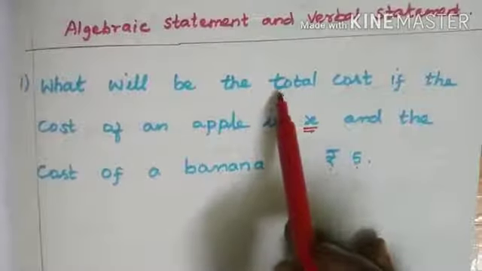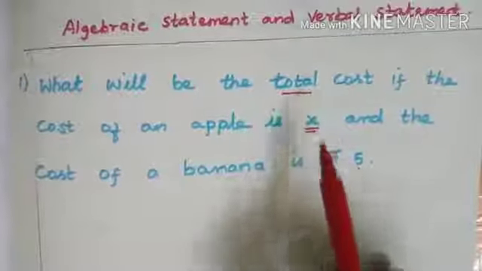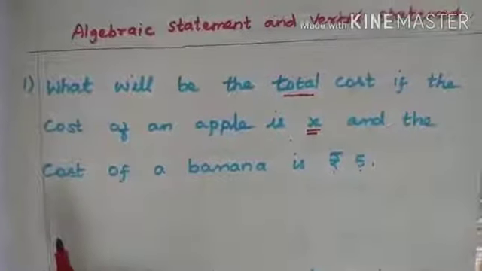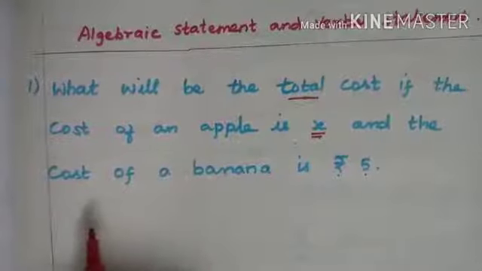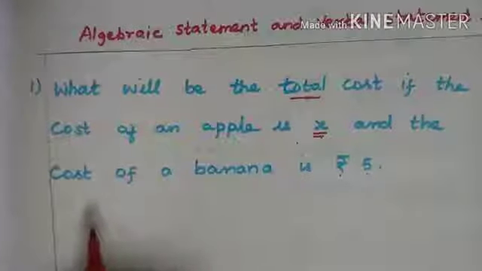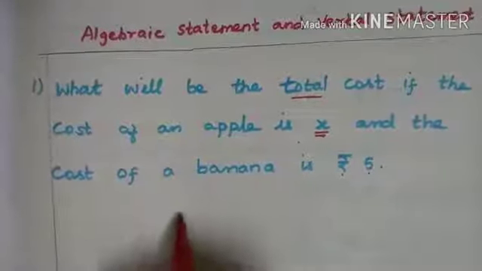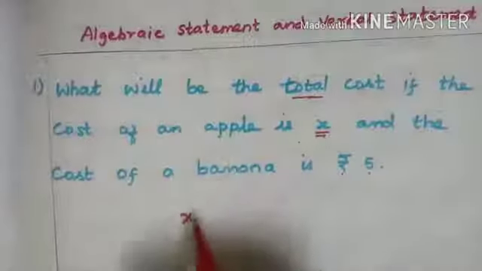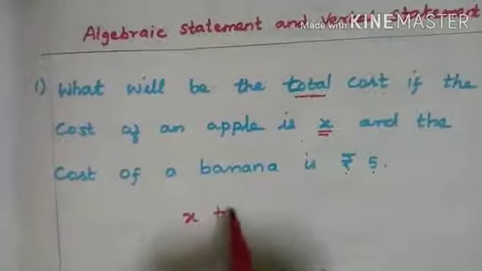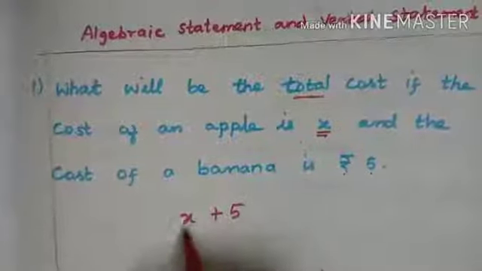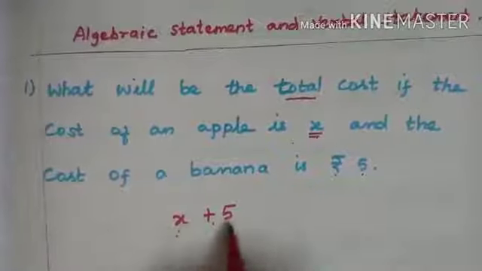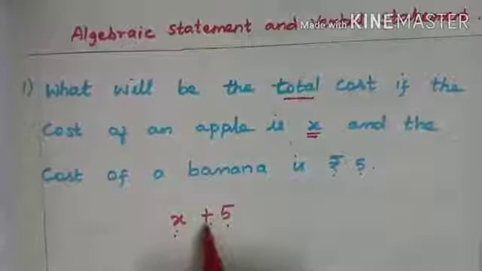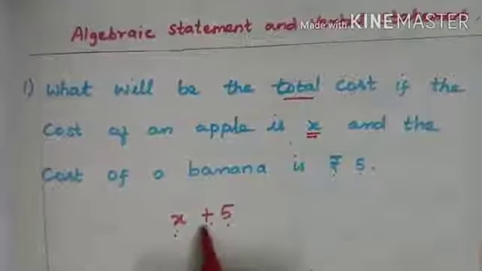Now what is the question? What is the total? For total, what will we be putting? Yes, we will be adding, isn't it? Therefore, the total cost of the apple and the banana is what? The cost of the apple is x and the cost of the banana is 5. Now x plus 5 is the total cost of the apple and banana. So for total, what symbol will we be putting? We will be putting plus.